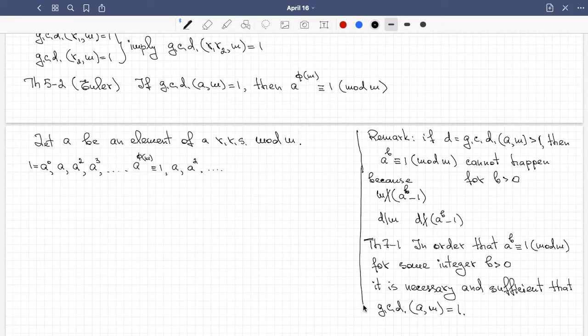I formulated the theorem here, although it is very simple and immediately follows from our considerations. Just to attract your attention, this condition is not in the book. It should be added, because if B equals 0 is allowed, then this of course happens. A to the 0 is 1 modulo M, because this is simply 1 itself. So one needs to be precise to throw in this extra condition.